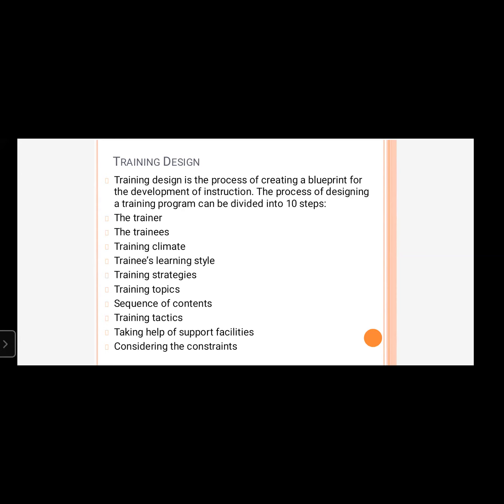Everyone should be treated in the same manner. Everyone should be provided with the same learning, or the same learning should happen to them. So when we talk about training climate, it should be such that everyone enjoys learning in the environment.